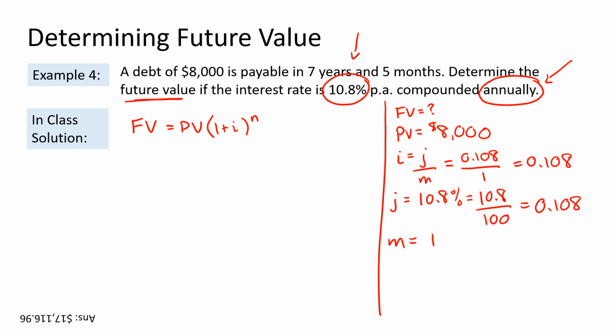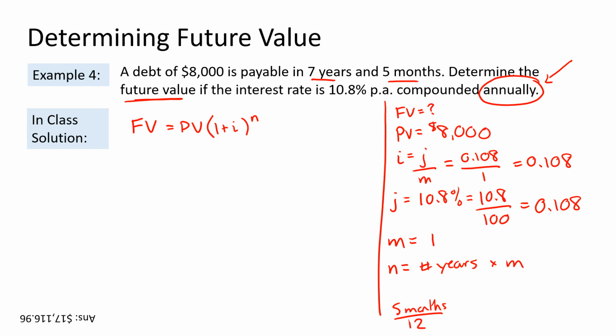Our last piece that we need is our total number of compounding periods, that's N. Remember, that's equal to the number of years in the term multiplied by our number of compounding periods per year. In this case, we're not just given a number of years, we're given 7 years and 5 months. So we have to convert those months to years and then add them together. We have 5 months divided by 12, because there's 12 months in a year.